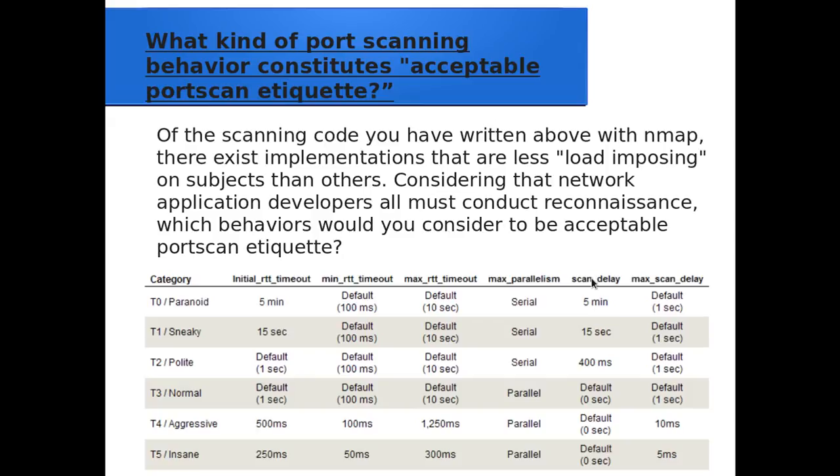And that is one of the reasons why the T0 paranoid scan is the least load imposing, because when you send a data package from host A to host B, it is going to wait a maximum of 5 minutes before getting the answer of the receiver host.